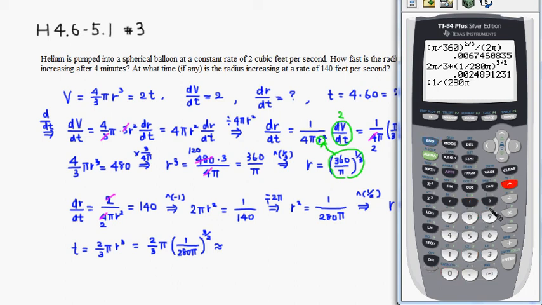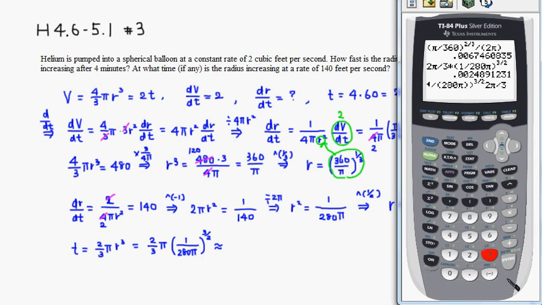Put it in the parentheses. Right, then raise it to the 3/2 power, right? Then we're going to multiply by 2 pi, and divide by 3.